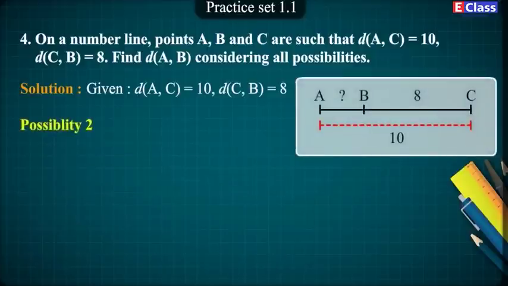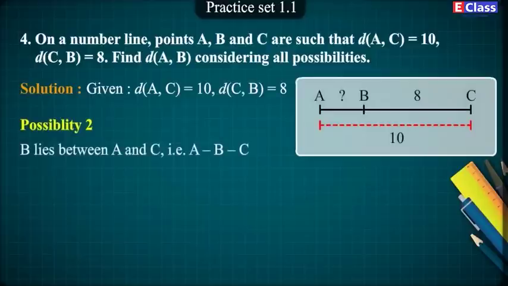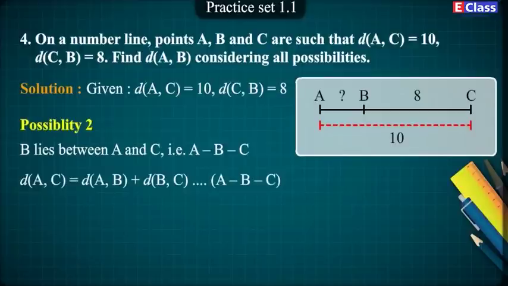Possibility 2. B lies between A and C. That is, A-B-C. Distance of AC is equal to distance of AB plus distance of BC, as A, B and C are collinear.